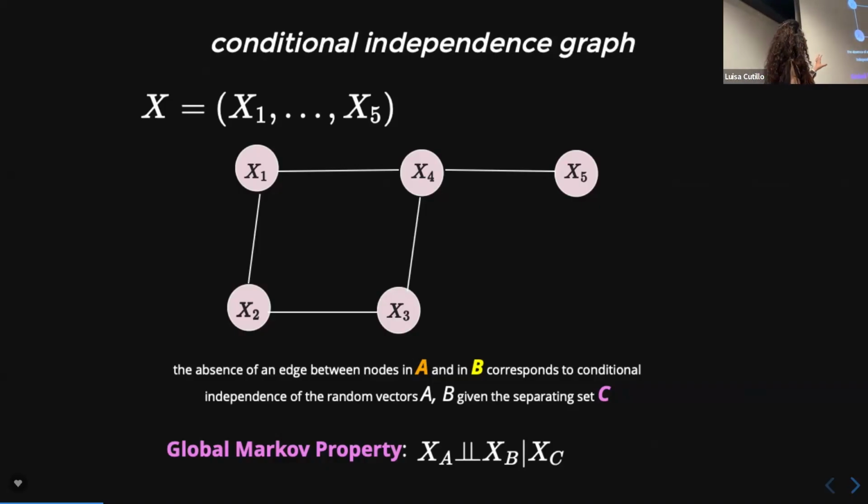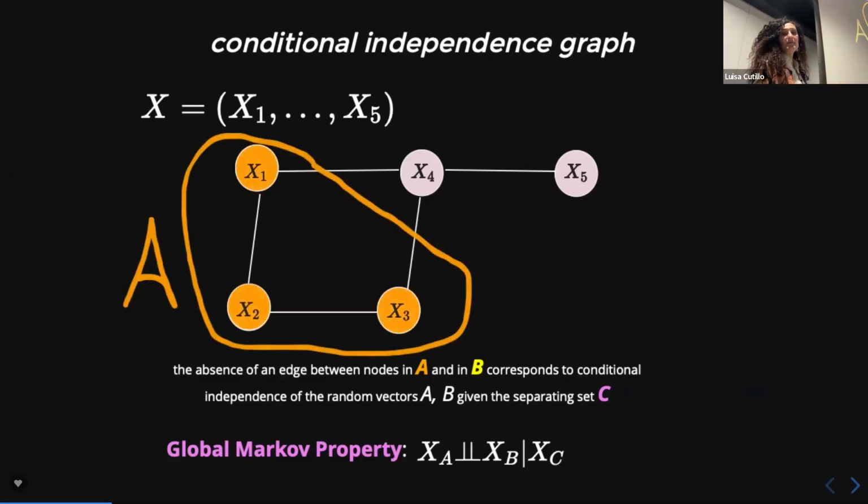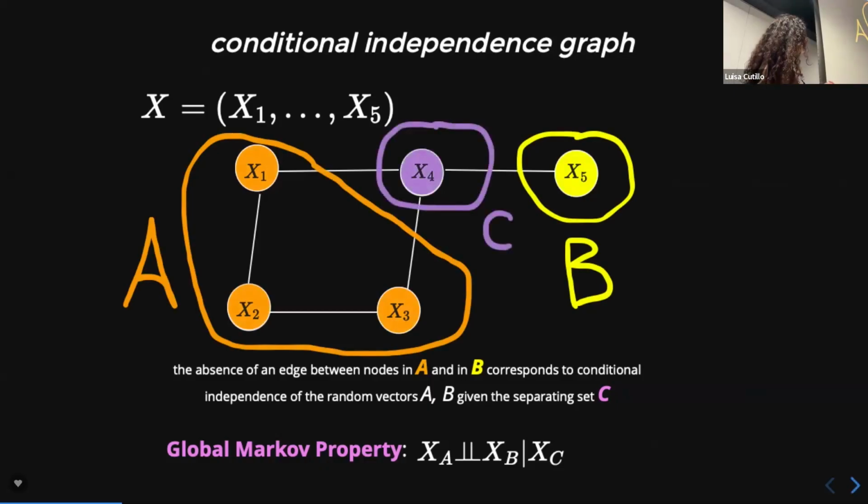Imagine that in this toy graph, we want to identify two groups of nodes, A and B, that are completely separated by another set of nodes, let's call it C. There are different ways we can do it here, but you can imagine that A is x1, x2, and x3, B is x5, and C is x4.